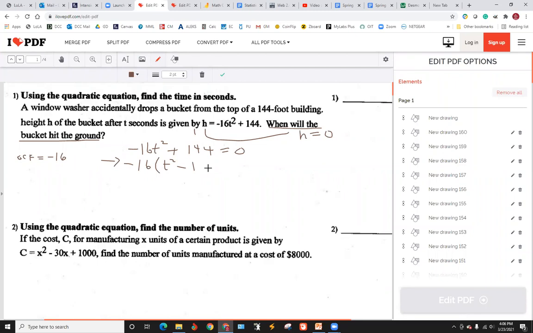I think it's 9. So this is just kind of the way it works. So this doesn't have an X with it, then it really doesn't give any value. So you can just go ahead and solve this.